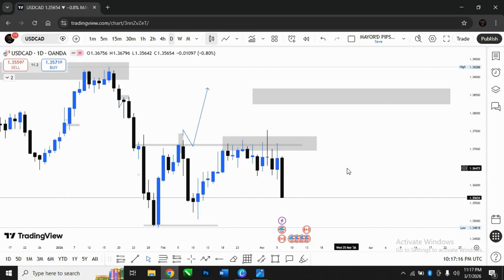If you are waiting to sell from your resistance, you need to wait for a clear confirmation. And this is a very nice confirmation: rejection at that area gives you the confirmation that this market is about to go down.